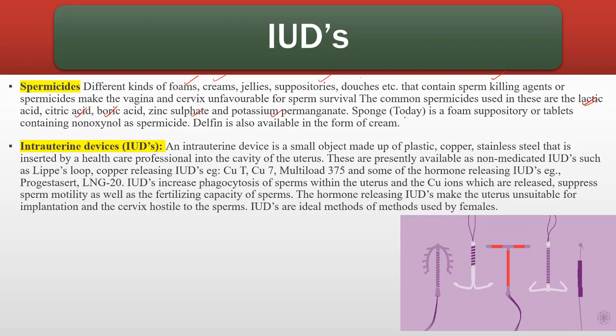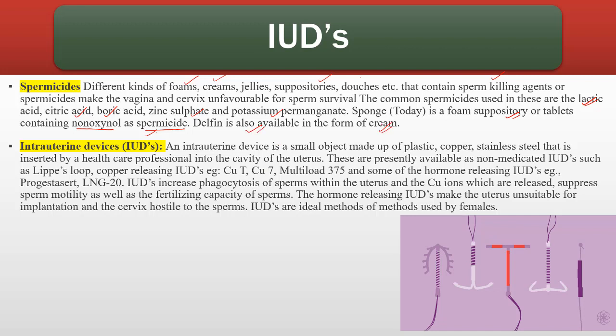Then sponge. Sponge is basically a foam suppository or tablet containing nonoxynol or delfen. Nonoxynol is a spermicide used in a sponge or foam suppository to prevent sperm entry. Delfen is also available in the form of cream.